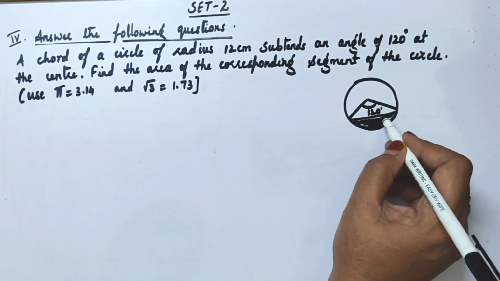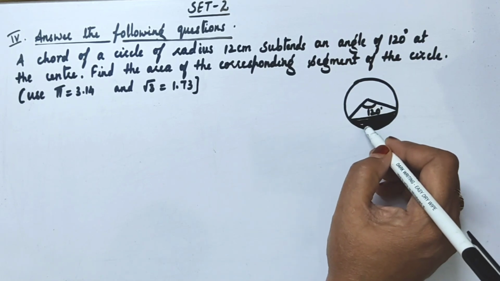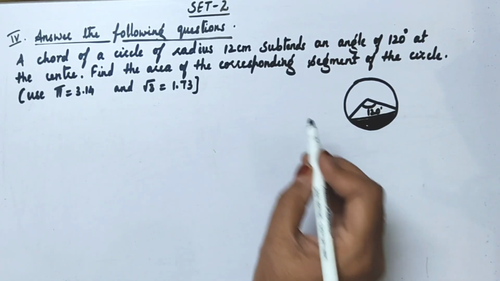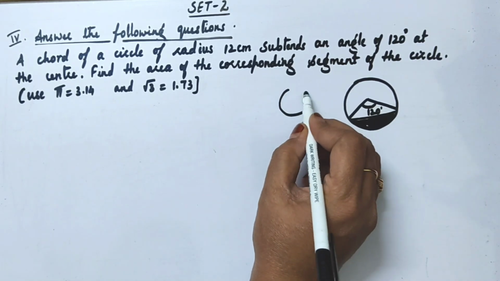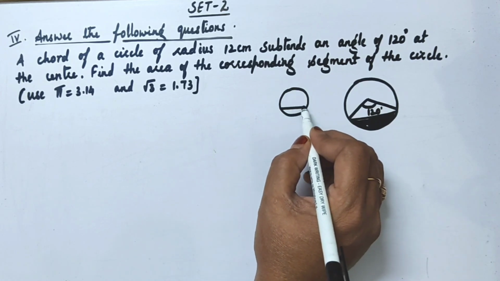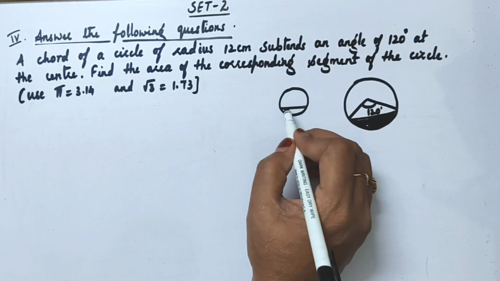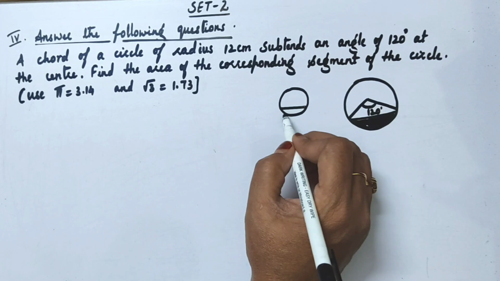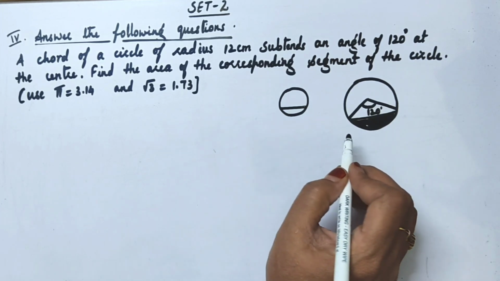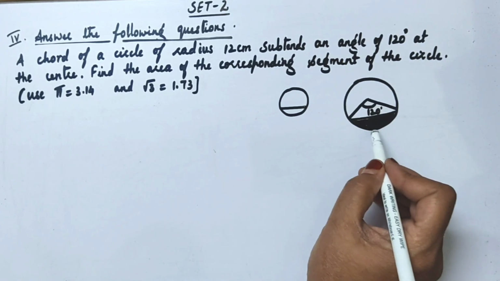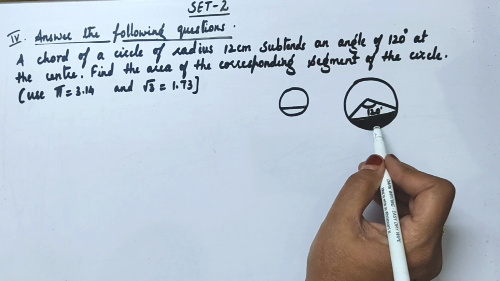This is a segment. Okay, so what do you mean by segment? This is a circle. Segment is the chord and the arc. Okay, this is called a segment. Now I need to find out the area of this segment.